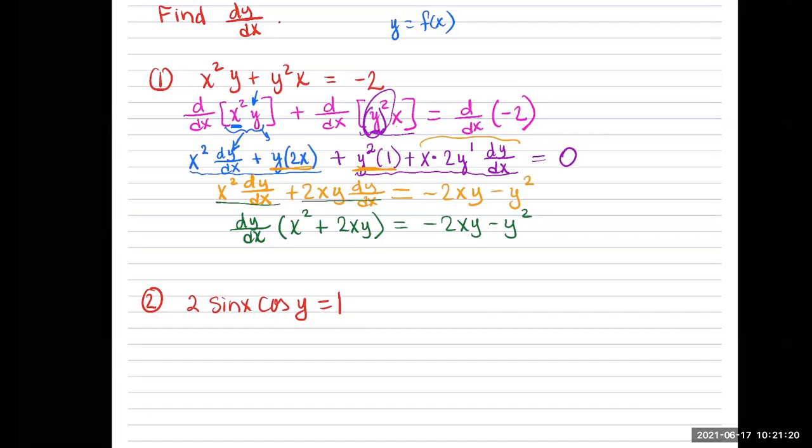So what do I need to do now to isolate dy dx? If I want dy dx by itself, good, I just need to divide both sides. That's exactly right. So we're going to divide by that parenthesis. So we'll have minus 2xy minus y squared divided by x squared plus 2xy.